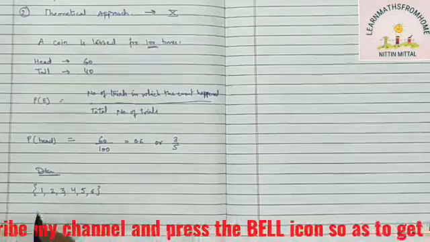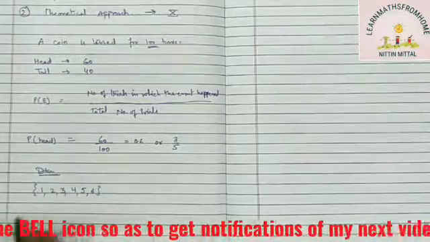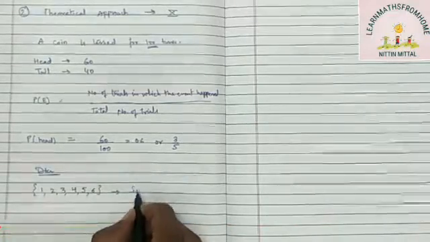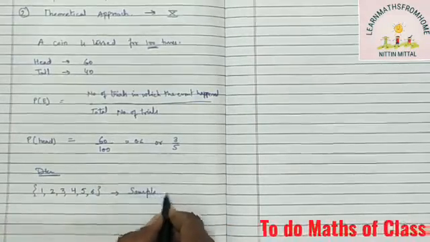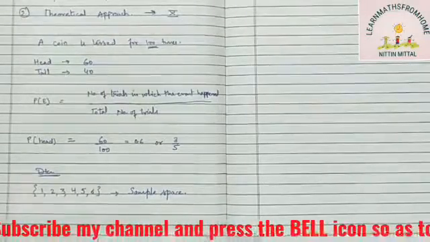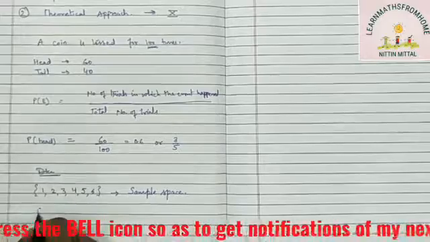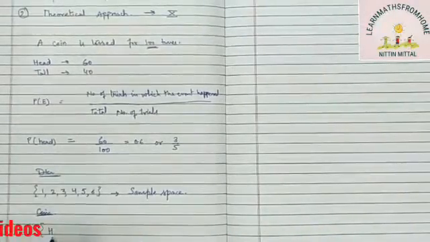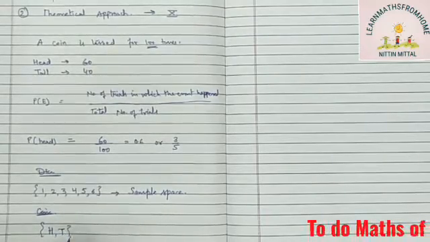So writing all the elementary events in a curly bracket of an experiment is called sample space. What we call it? Sample space. Now what is the sample space for tossing a coin? For a coin, sample space will be head, tail.